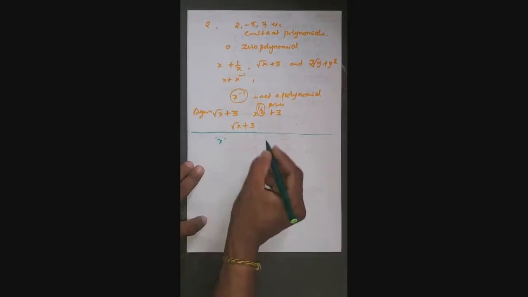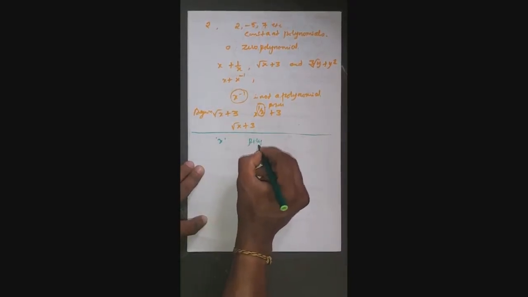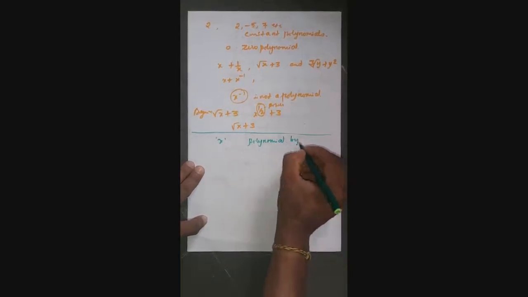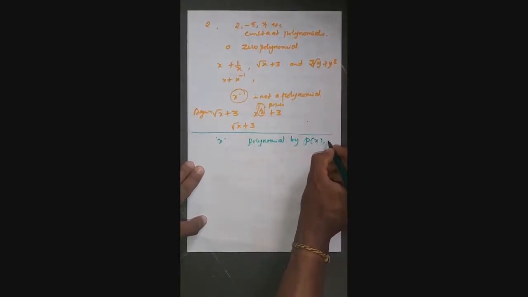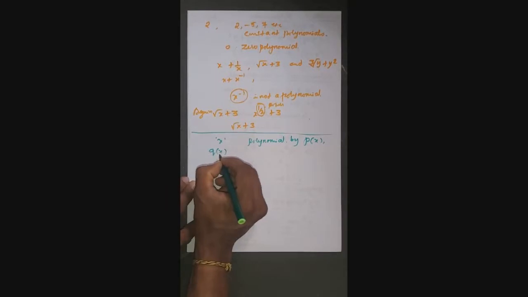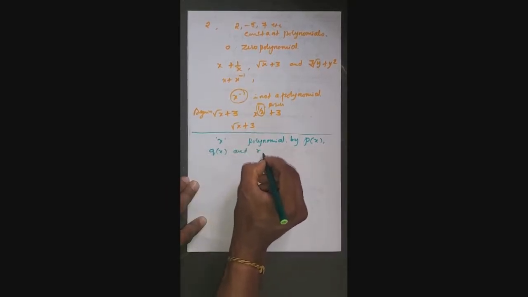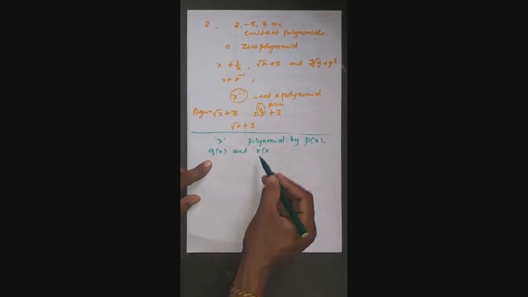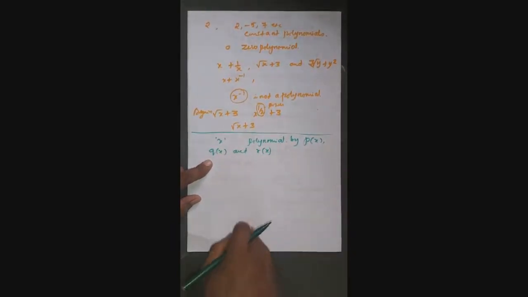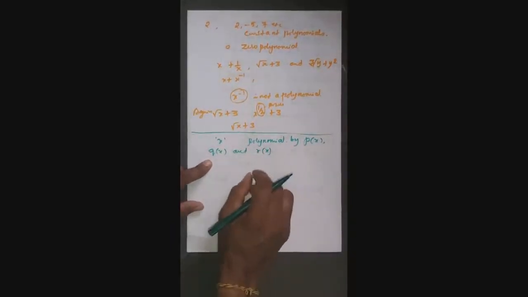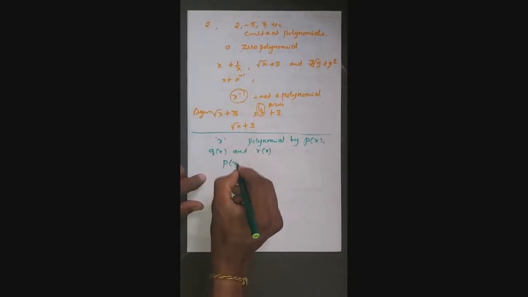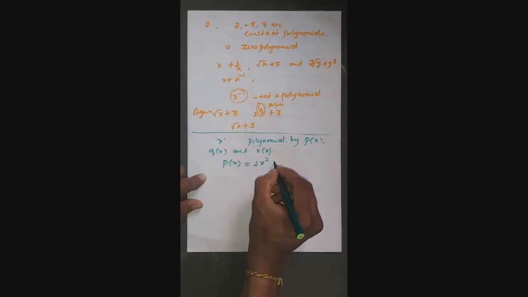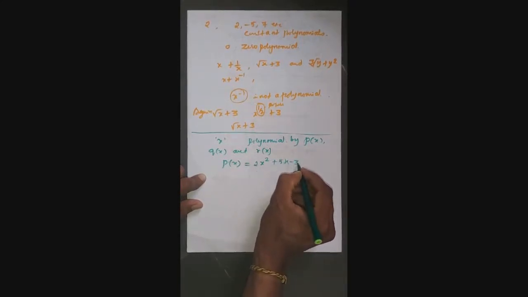If the variable in a polynomial is x, we may denote the polynomial by p of x, q of x and r of x. So for example, we may write p of x is equal to 2x square plus 5x minus 3.